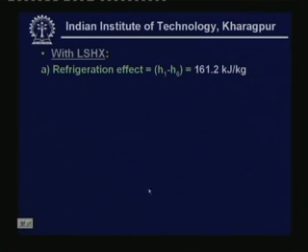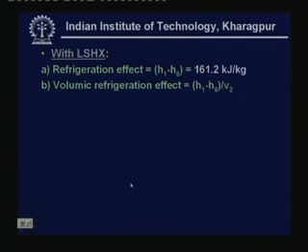So, refrigeration effect H1 minus H6, if you substitute the values you find that it is 161.2 kilojoule per kg, and volumic refrigeration effect is nothing but, as you know, refrigeration effect divided by the specific volume at that point. Okay. So, the specific volume we have found from the properties. If you substitute the specific volume value there, you find that the volumic refrigeration effect is 3676.2 kilojoule per meter cube.